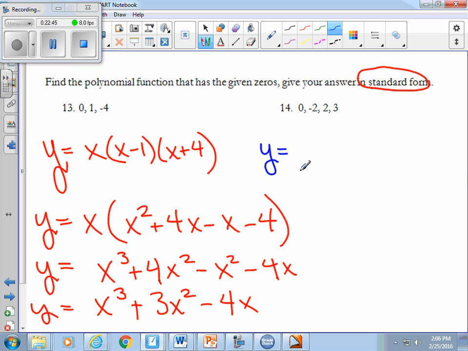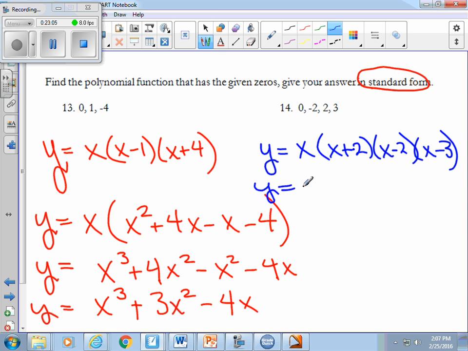Okay, this next, the first part's the easy part, right? And what is it? X. The next part's the hard part. I highly recommend, if you have two things where one's a plus and one's a minus, that you multiply those two first. I'll show you why. Let's do it.